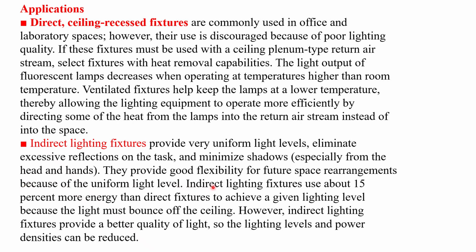Indirect light fixtures use about 15% more energy than direct fixtures to achieve a given lighting level because the light must bounce off the ceiling. However, indirect lighting fixtures provide a better quality of light, so lighting levels and power densities can be reduced.